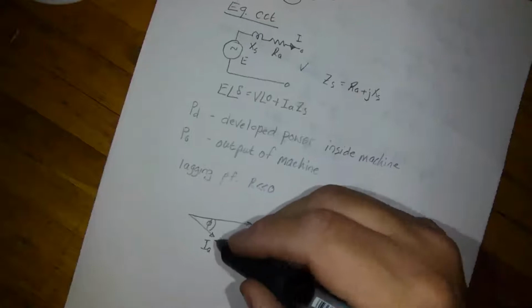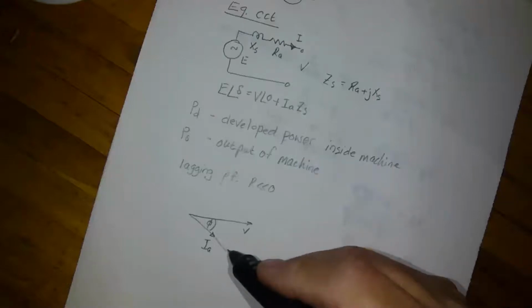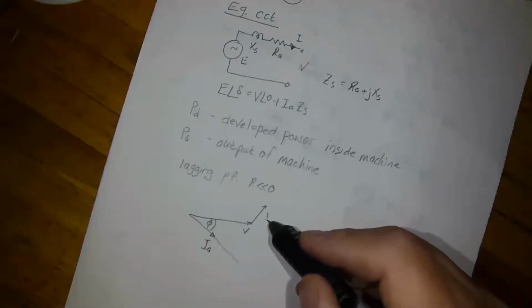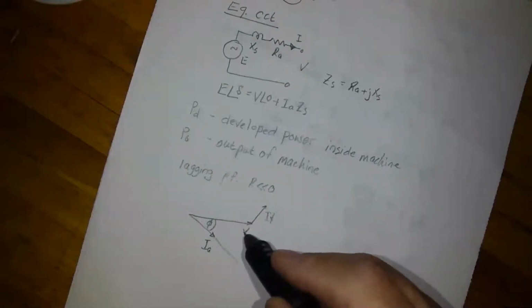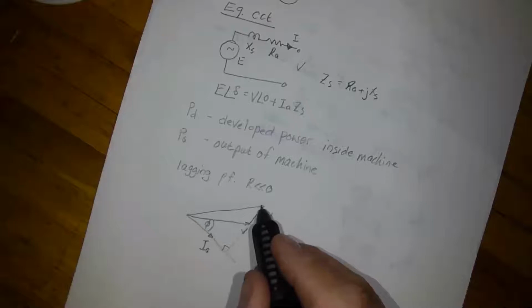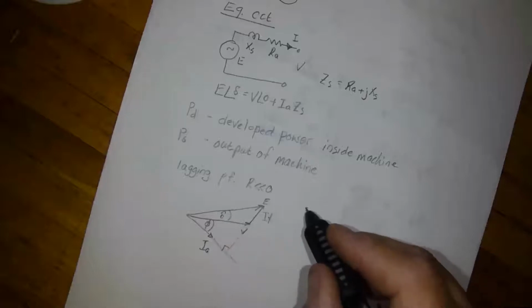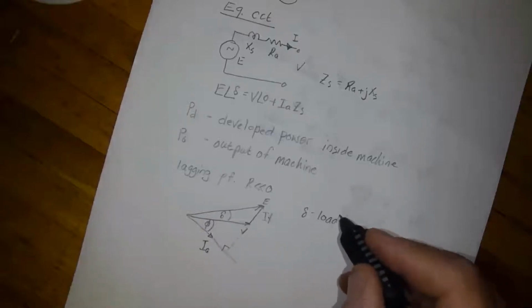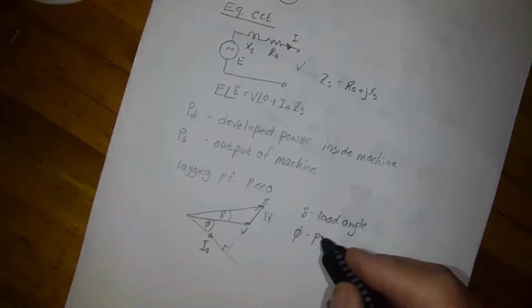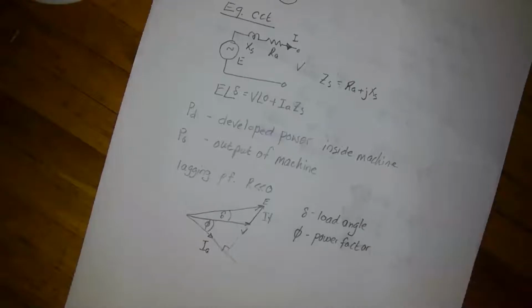Now, remember, when we don't have any resistance, this IXS will be perpendicular to the current. And that means that is our induced EMF, and that is the load angle.